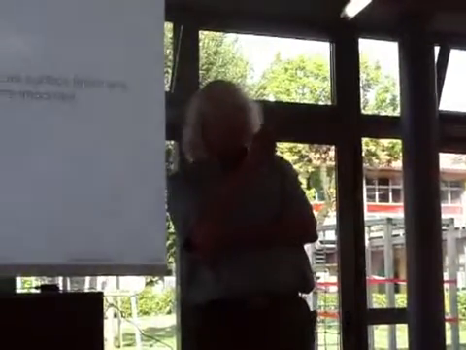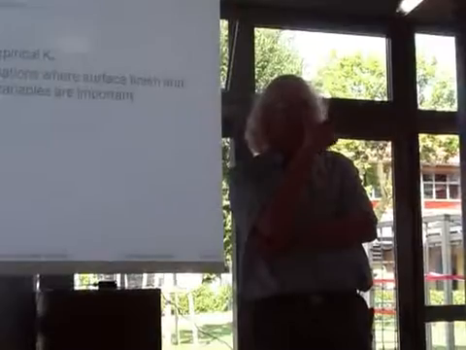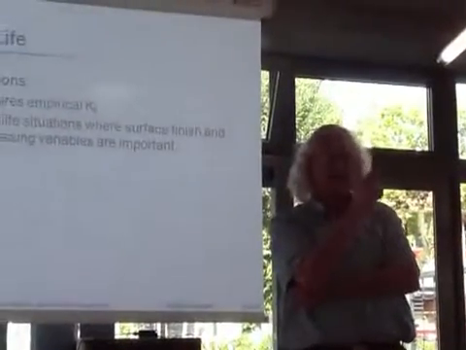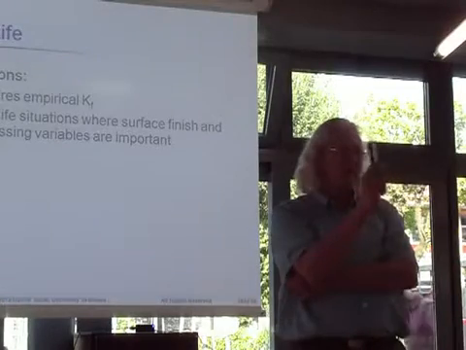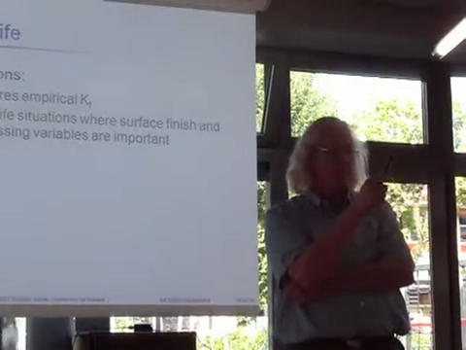All right. So if you have long life situations where surface finish is important and processing variables, why wouldn't this work? I said for the stress life approach to be valid, everything has to be elastic. And if everything is elastic, it's a very easy transformation between the stresses and strains, isn't it?